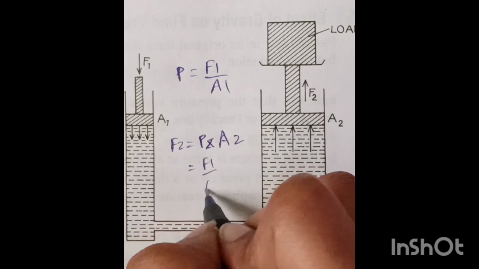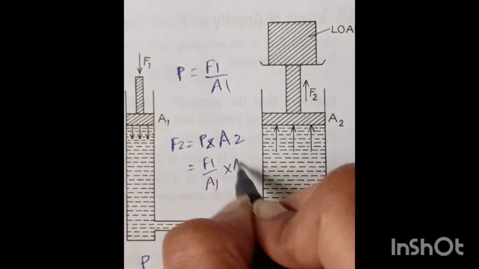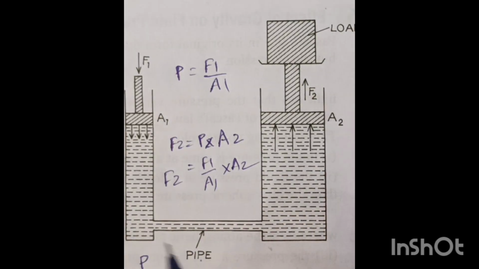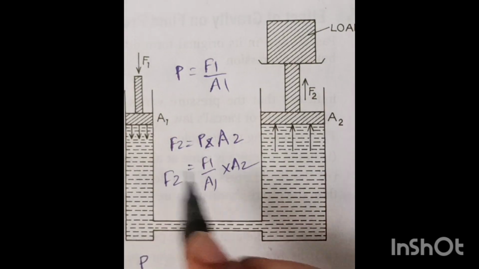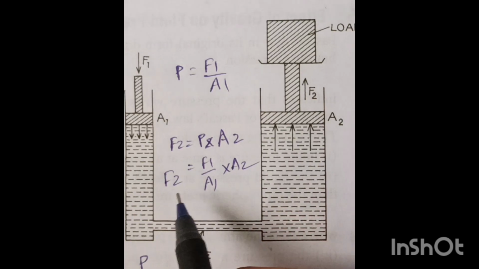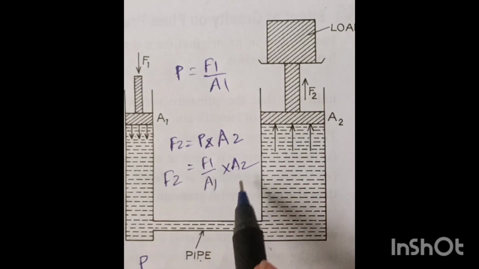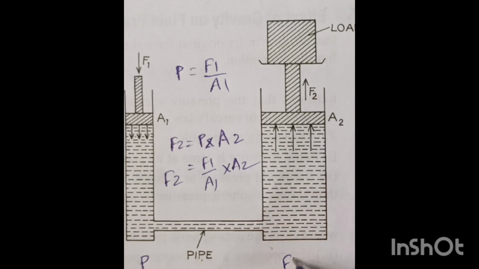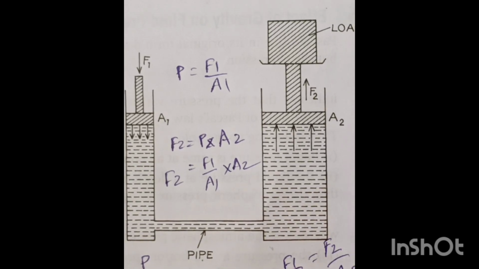That is F1 by A1, and here it is A2. So F2 equals F1 by A1 into A2, and since A2 is very much larger than A1, the force F2 will also be very much greater than F1. So the heavy load placed on the larger piston is easily lifted up. So from this I can write F1 by A1 equals F2 by A2.